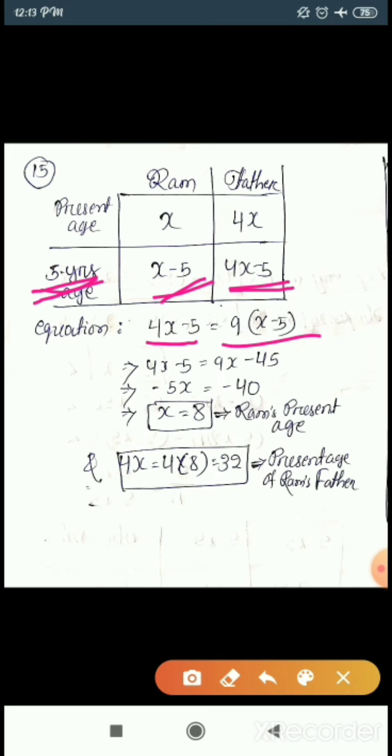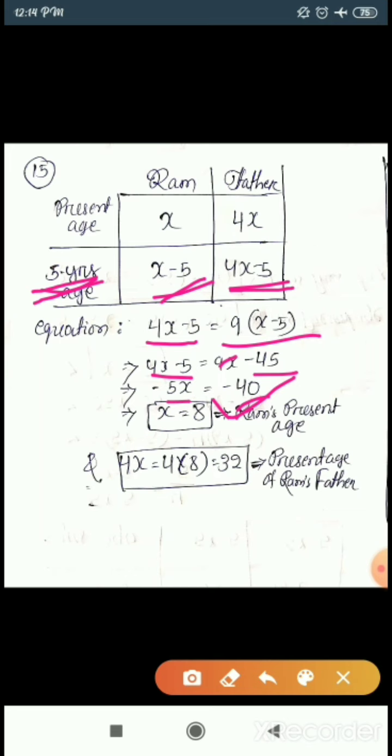Solve this equation. 4x minus 5 equals 9x minus 9 times 5, means 45. Therefore 4x minus 9x is minus 5x, and minus 45 plus 5 is minus 40. So x will be minus 40 by minus 5, the minuses cancel out, and 5 eights are 40. So x equals 8 years.